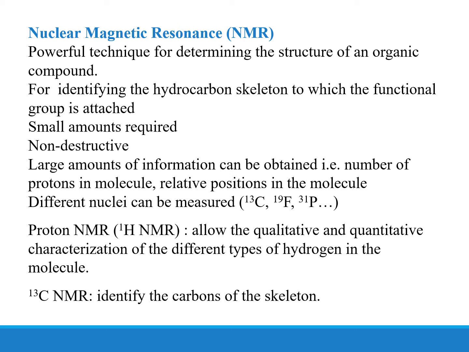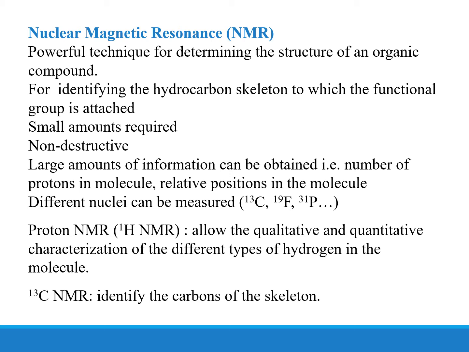such as the number of protons in a molecule and their relative positions can be obtained from the NMR analysis, and NMR operates based on certain nuclei of certain atoms, and those include carbon-13, fluorine-19, and phosphorus-31.